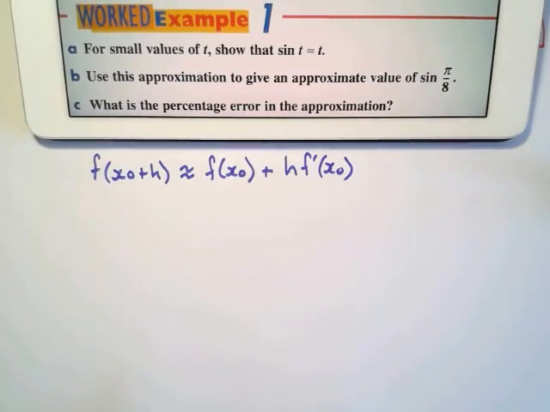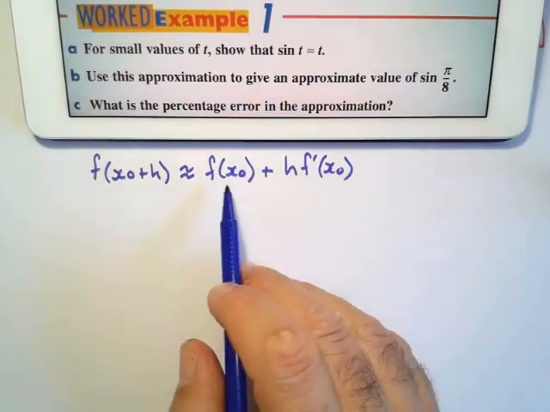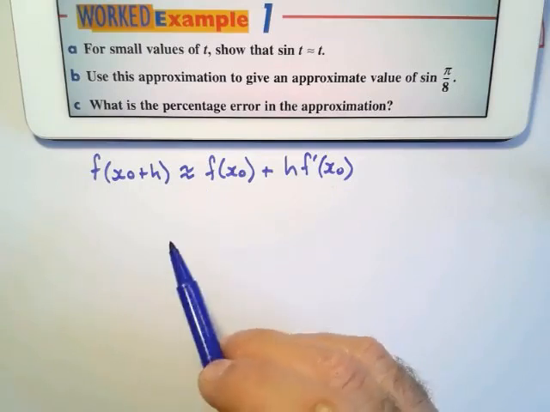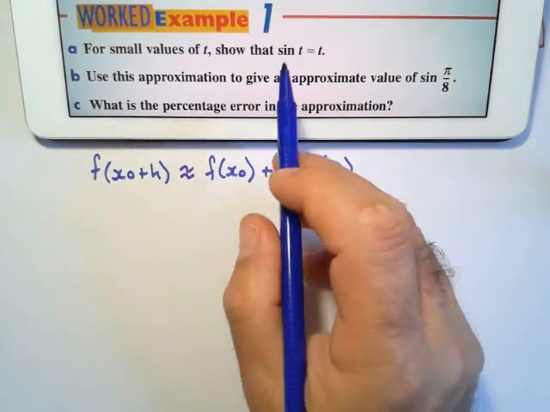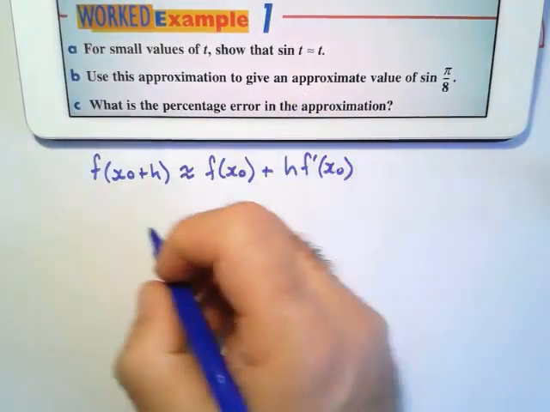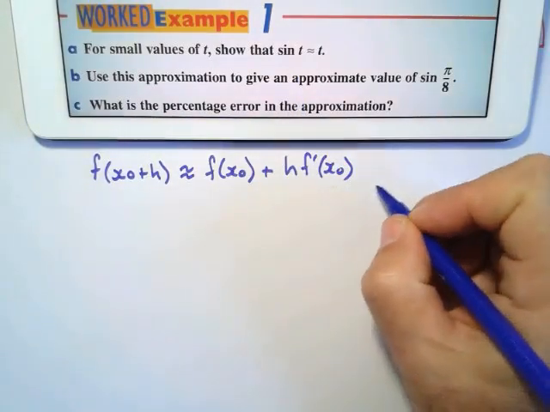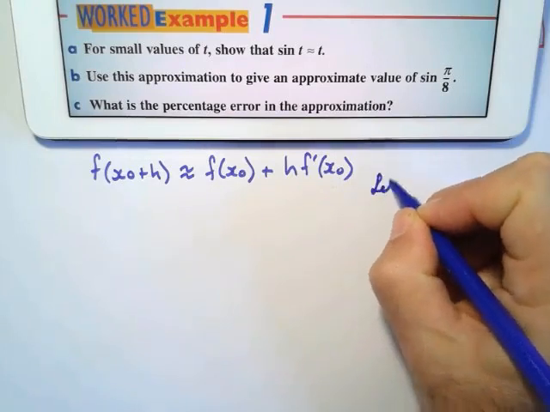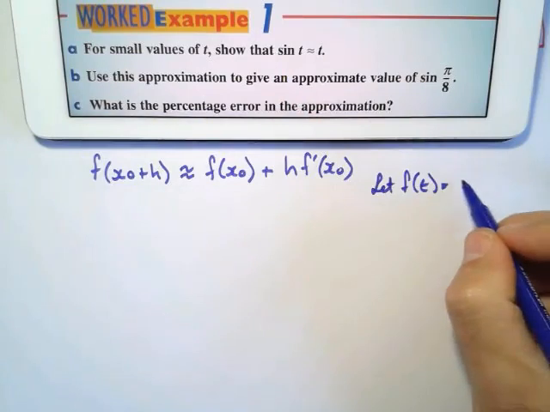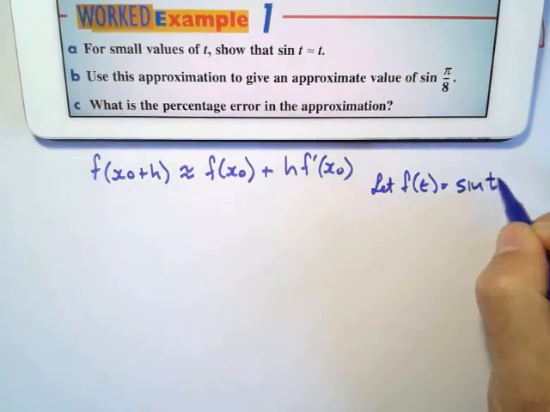What we're going to do now is define f(t) and the derivative. Before I choose values, I'm going to say let f(t) be the function. Let f(t) equal the sine of t.